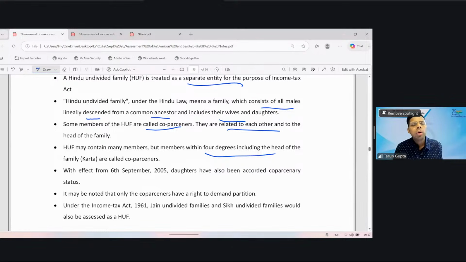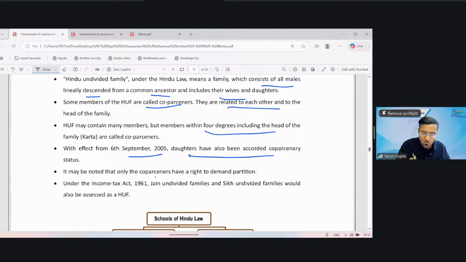Who is a co-parcener? Co-parceners have an important right: they can ask for partition. With effect from September 2005, even the daughter has been given the status of co-parcener. The daughter is a co-parcener in her father's HUF and not in her husband's HUF. Okay. Only co-parceners have the right to demand partition.